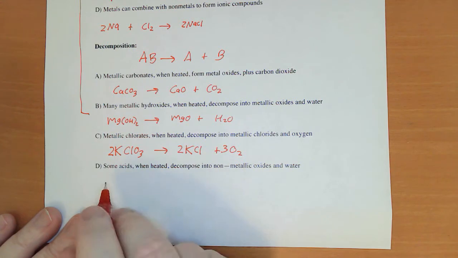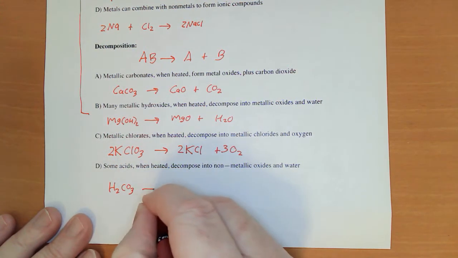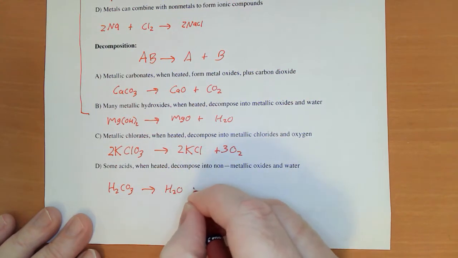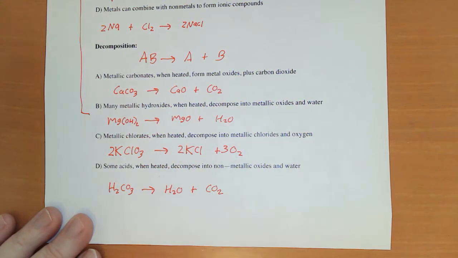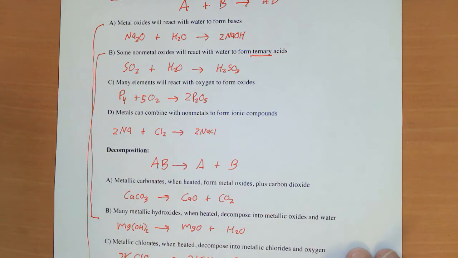And then some acids like H2CO3 can break down to form H2O and CO2, which would pretty much be the opposite of that one up there that we already looked at, the combination. All right, so those are your decompositions from page 4. When we go to page 5, there are going to be a few more decompositions for us to look at here.